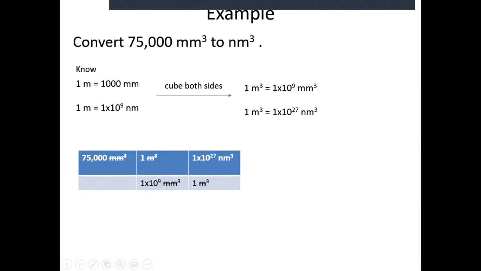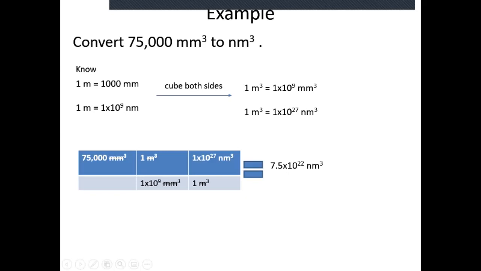And then we get the second conversion factor, meter cubed is on the bottom, nanometer cubed is on top. So when you multiply, you add exponents. So 75,000 is 7.5 times 10 to the 4th times 10 to the 27th. That gives us 10 to the 31. And then we divide by 10 to the 9th. So you subtract 31 minus 9, and we get 22.